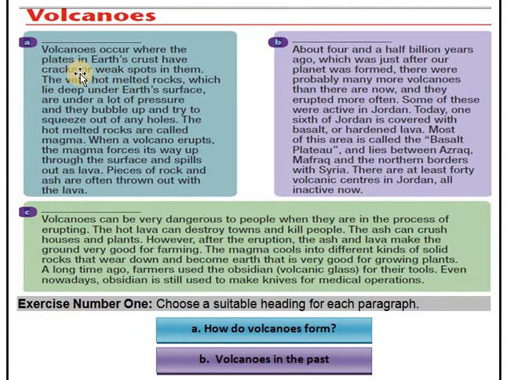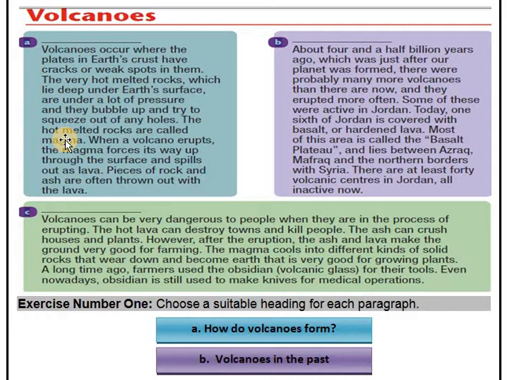Cracks اللي هي تصدع. Okay. The very hot melted rocks which lie deep under Earth's surface are under a lot of pressure and they bubble up and try to squeeze out of any holes. The hot melted rocks are called magma.